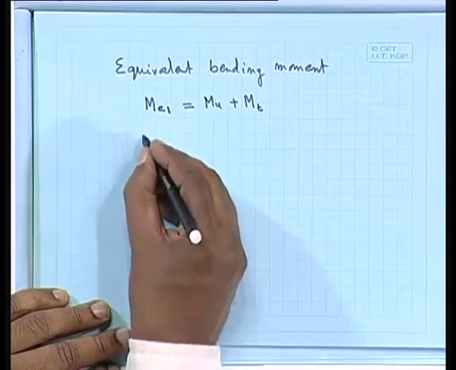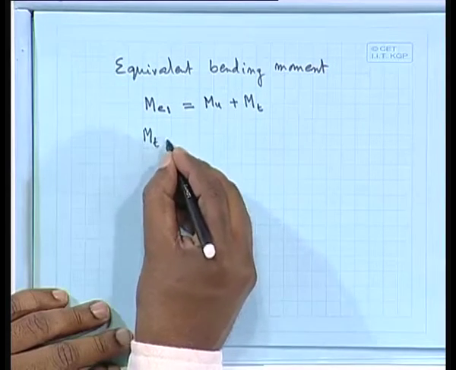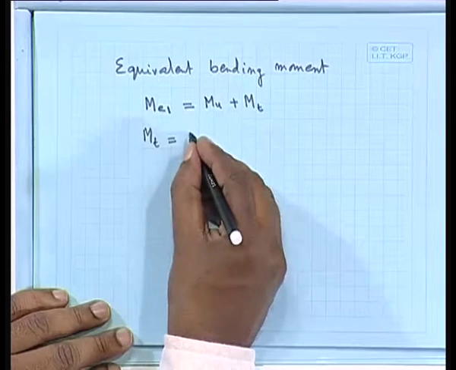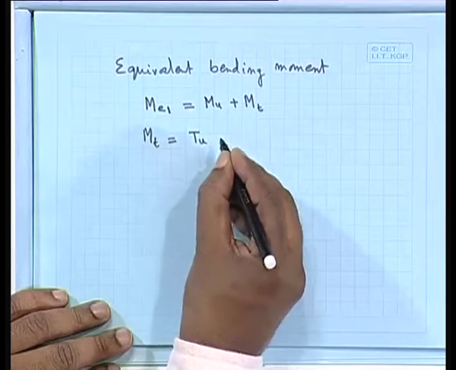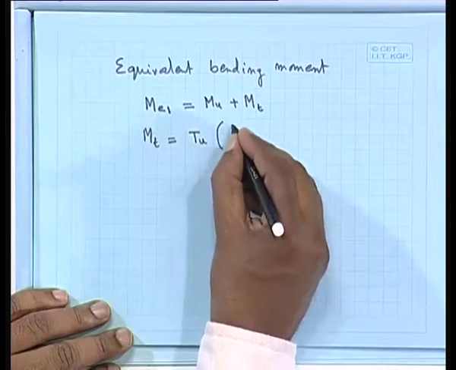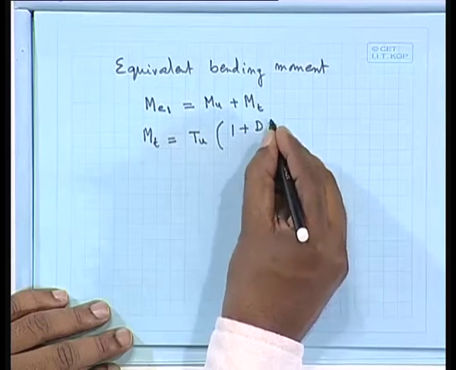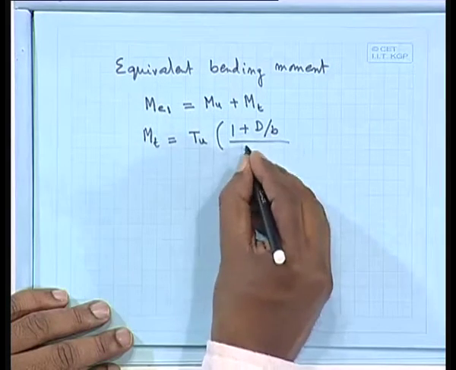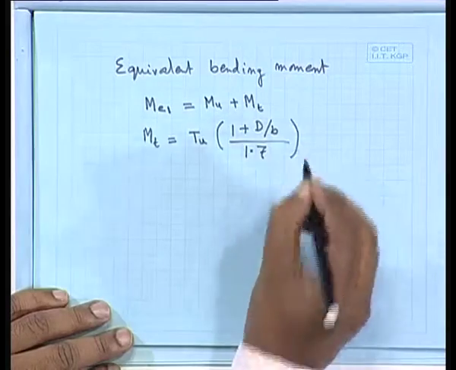So, MT equal to TU divided by 1 plus D by B, by 1.7.